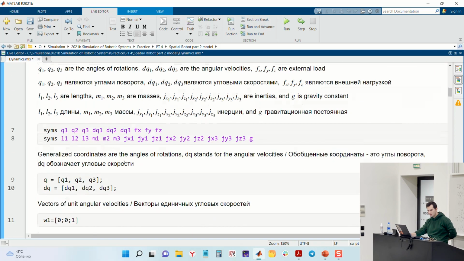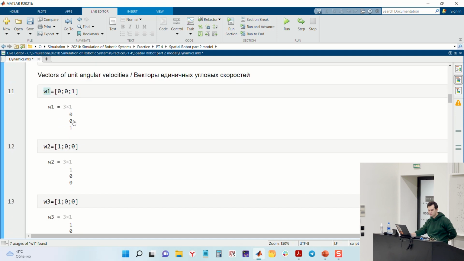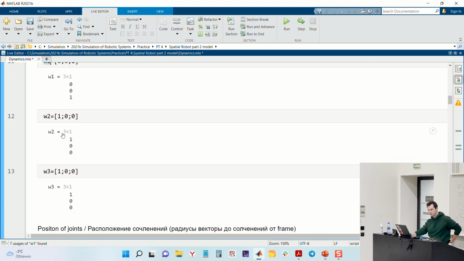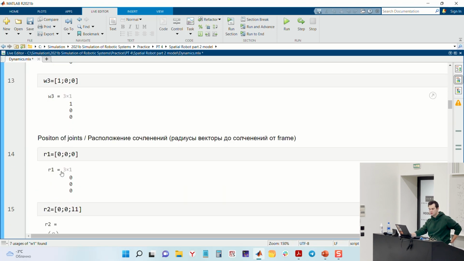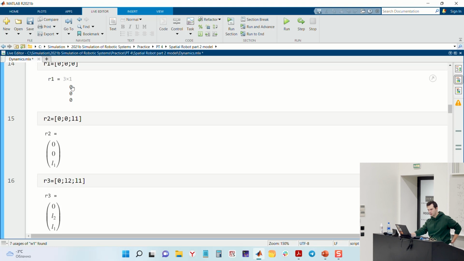Since we know the direction of the rotation, we are able to write the unit vectors for angular velocities: 0, 0, 1 for z, and 1, 0, 0 for x, for the second link and for the third. Then the position of joints, where each joint is in the very initial state.